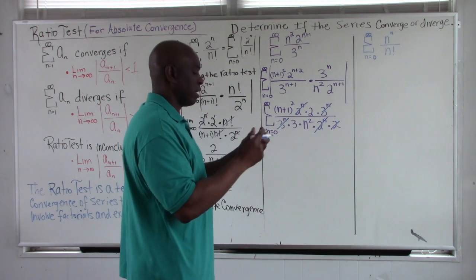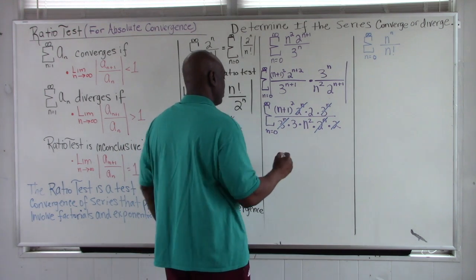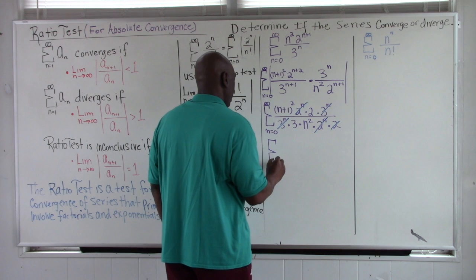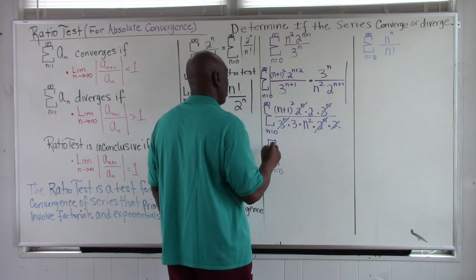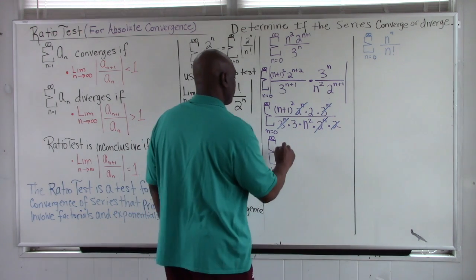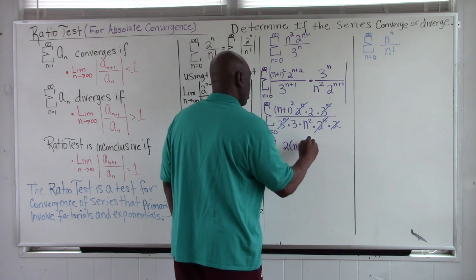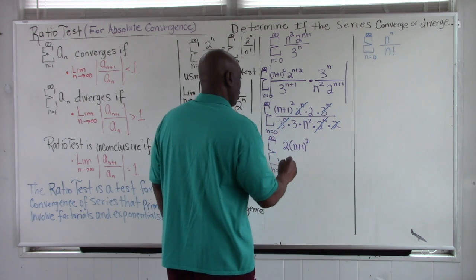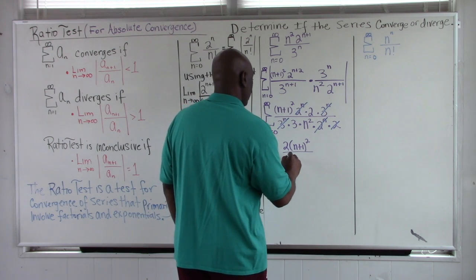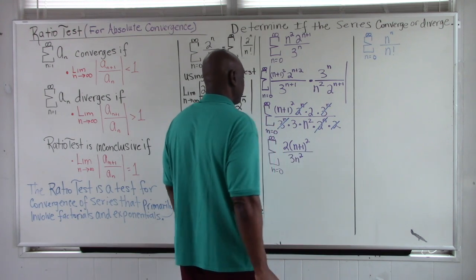Now let's bring it all together and see what we're working with here. So we have the summation of n equals 0 to infinity of 2 times (n plus 1) quantity squared over 3 n squared.